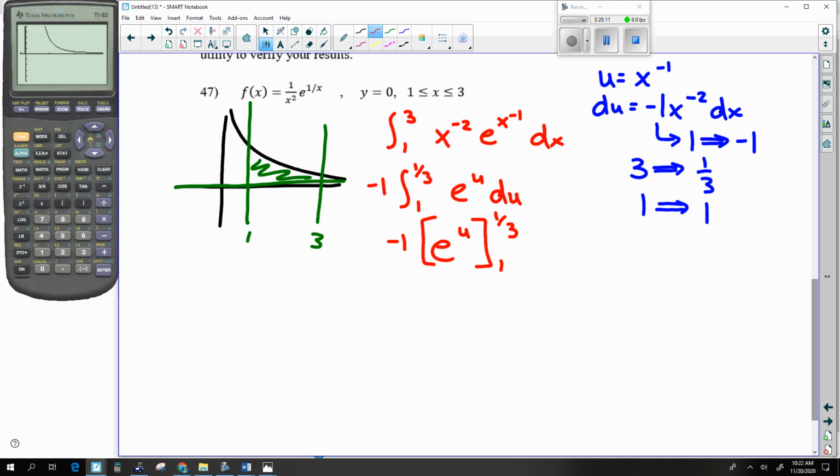I'm not going to really worry about this answer too much. This would be the third root of e plus e, something like that. It's something of that nature. Minus e. So something like that.